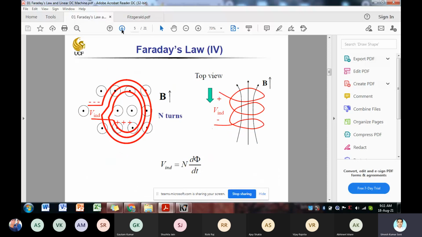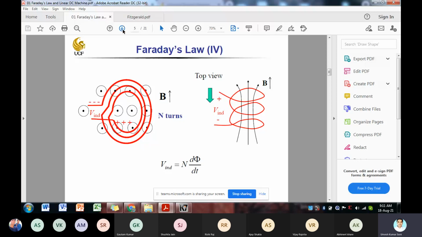And here you can see multiple conductors are there. So induced EMF will be multiplied by n, because a single turn will have d phi upon dt, because there is a change in the flux, and if there are n turns, this will be multiplied by n.